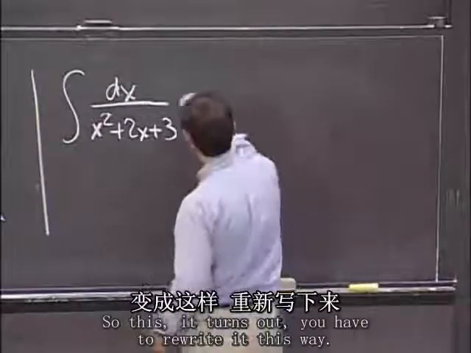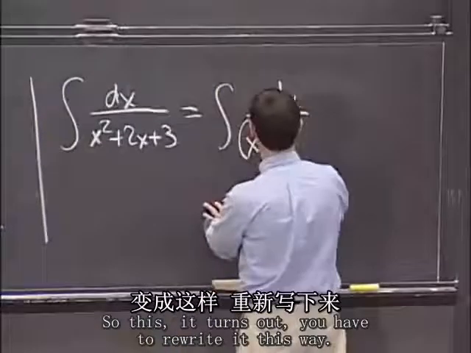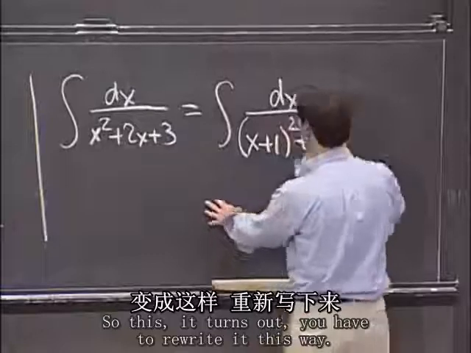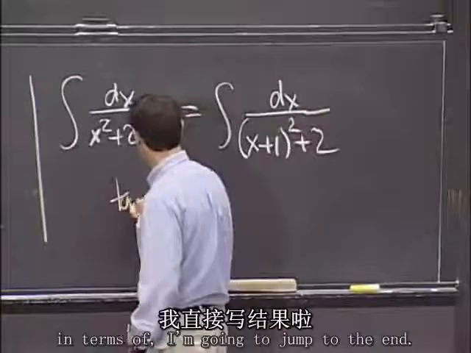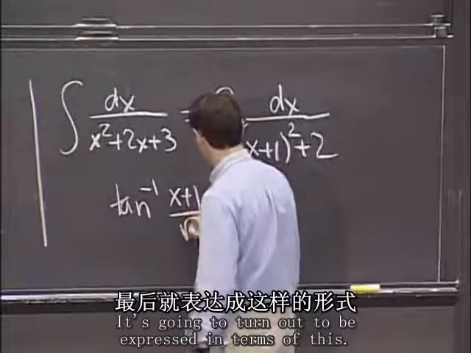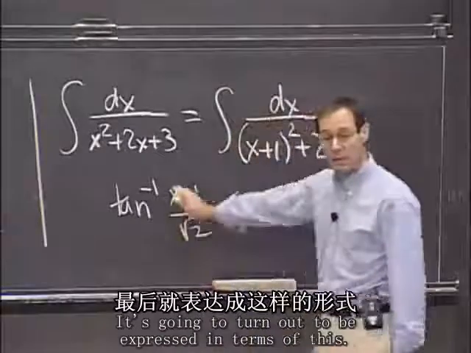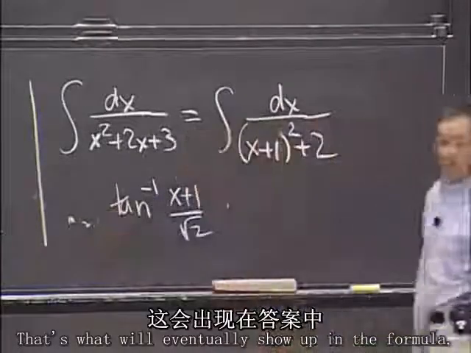So it turns out you have to rewrite it this way. And then the evaluation is going to be expressed, I'm going to jump to the end, in terms of this. That's what will eventually show up in the formula.